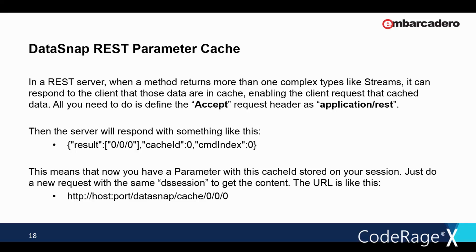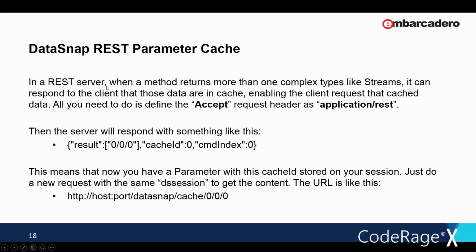In summary, when a method returns one or more complex types like streams, it can tell the client that those data are stored in cache, and then tell this client how they can get this information.